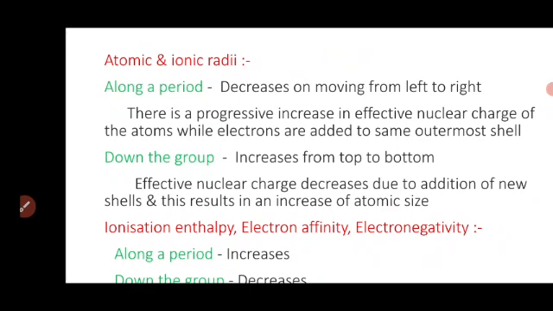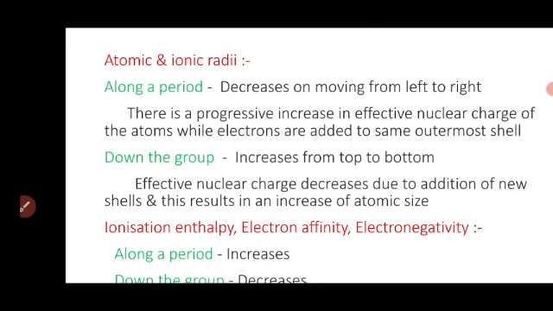Down the group, atomic size or ionic size increases. Why it increases? Yes, we know that down the group, as atomic number increases, every time the newly coming electron enters in a new shell, right? So the effective nuclear charge decreases and hence the size increases.